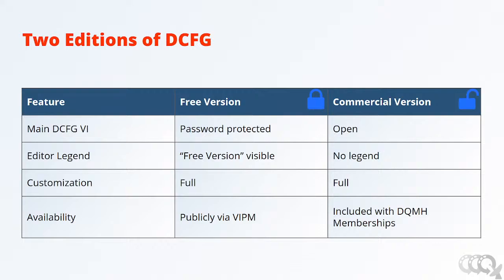I want to specifically highlight that DCFG comes with your DQMH membership. If you are an enthusiast or a trusted advisor, you can use DCFG in your own company for free without any limitations, and you get a highly discounted price for using DCFG for your end customer projects.